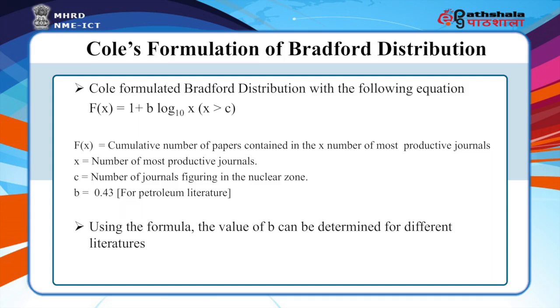F(x) = 1 + b log10 x, where x is greater than c. Here, F(x) stands for the cumulative number of papers contained in the x number of most productive journals, and c represents the number of journals figuring in the nuclear zone. For petroleum literature, Cole found the value of b as 0.43.